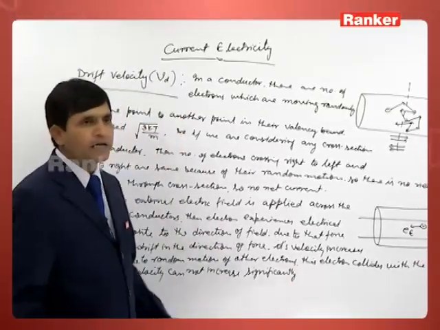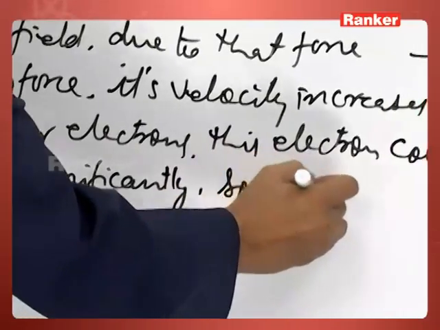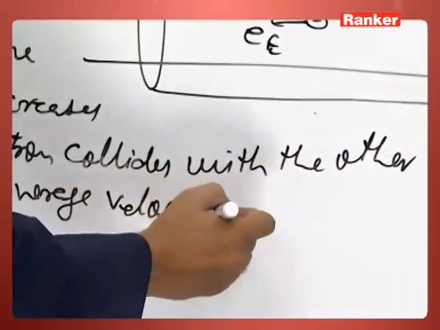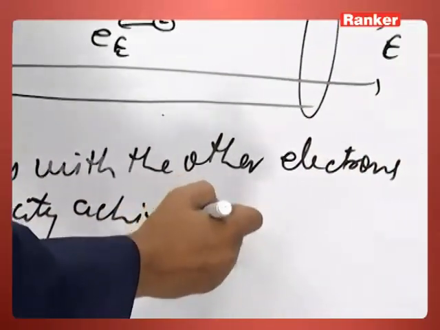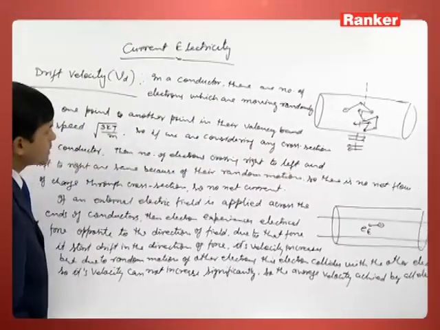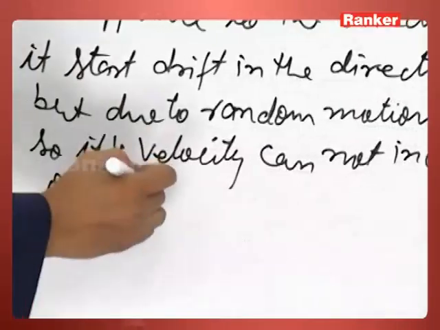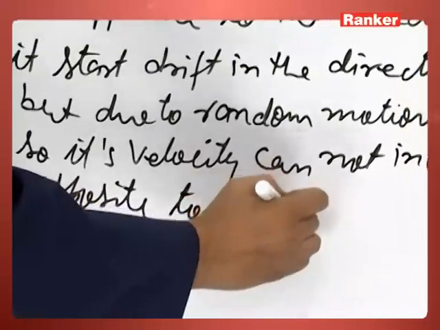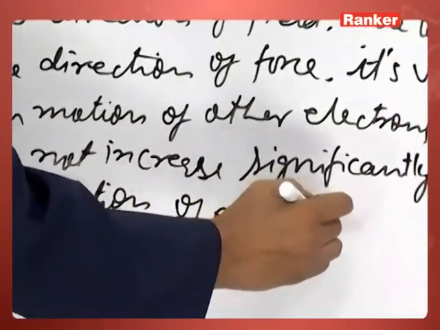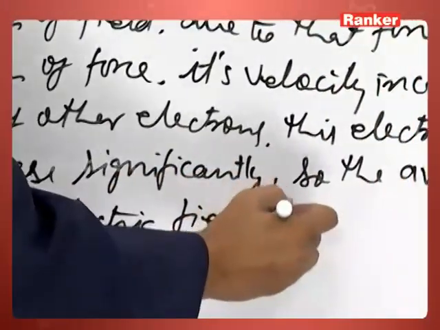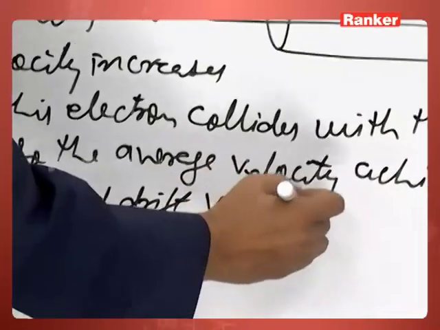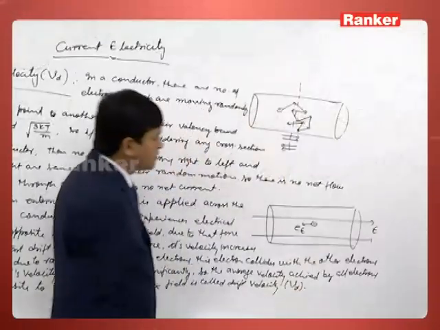So the average velocity achieved by all electrons opposite to the direction of the electric field is called drift velocity, Vd. This is the meaning of that.